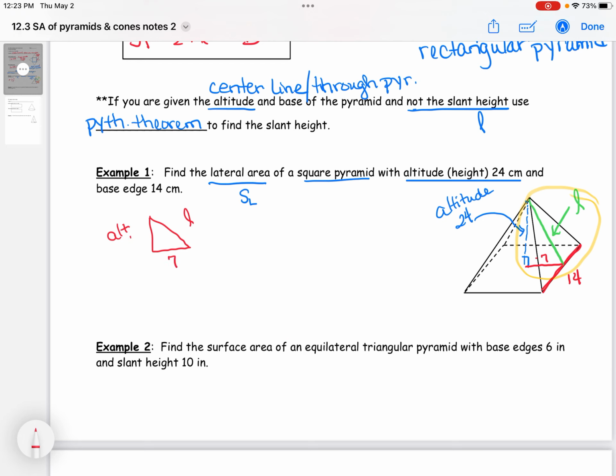So 7, 24. I'm going to do a squared plus b squared equals c squared: 24 squared plus 7 squared equals L squared.